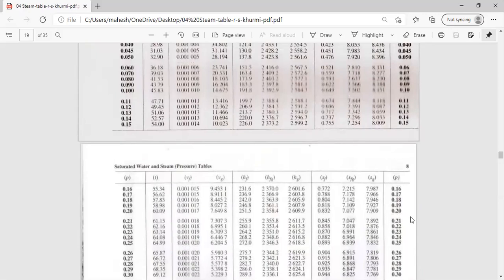And now you are comfortable finding the specific volume, specific enthalpy and specific entropy of saturated liquid and dry saturated steam. What if the steam is wet steam? If the steam is wet steam, then you need to use the expressions for wet steam using the concept of dryness fraction.